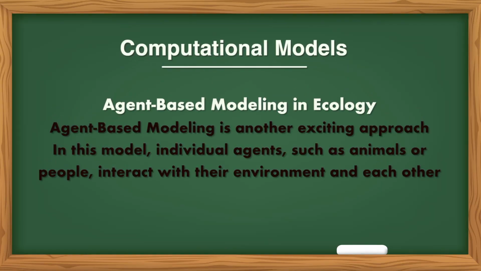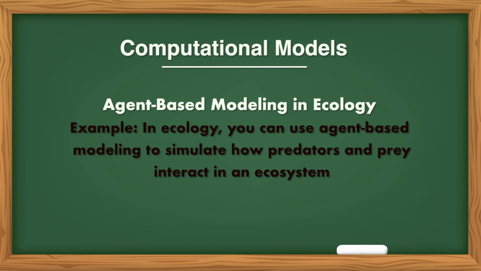Another one is agent based modeling in ecology. Agent based modeling is another exciting approach. In this model, individual agents such as animals or people interact with their environment and each other. So, in ecology, you can use agent based modeling to simulate how predators and prey interact in an ecosystem.